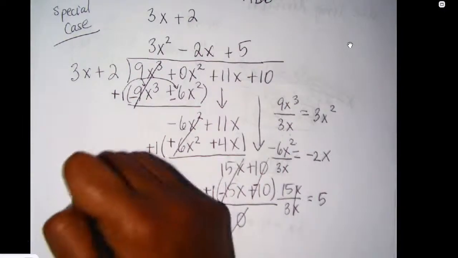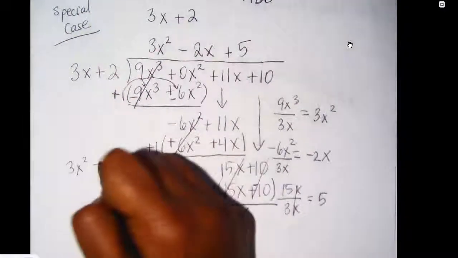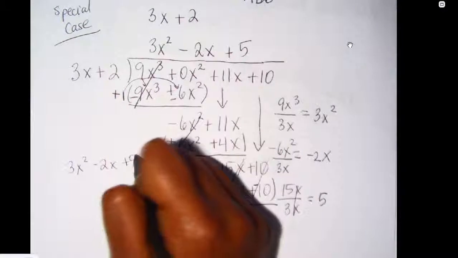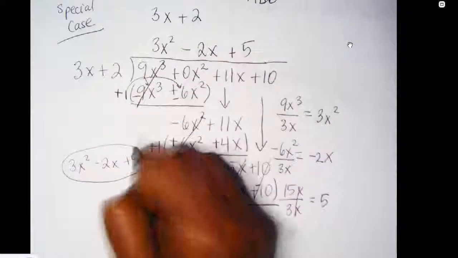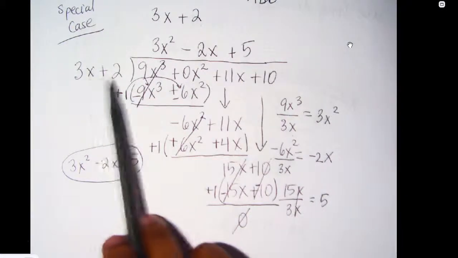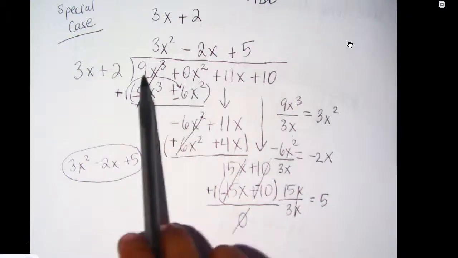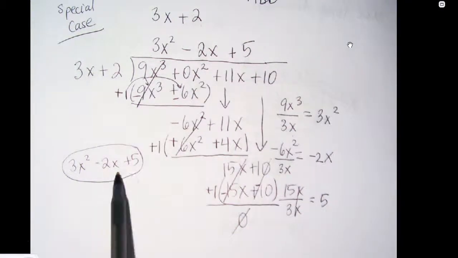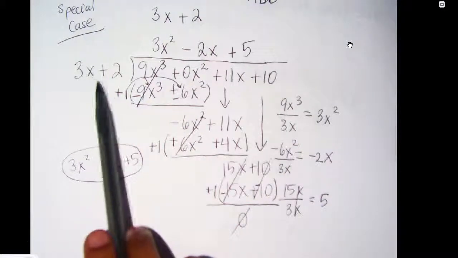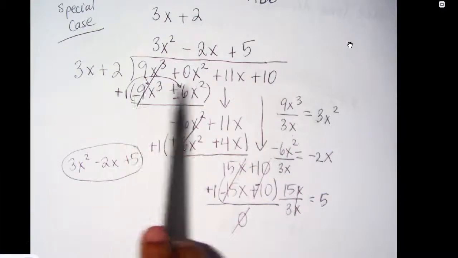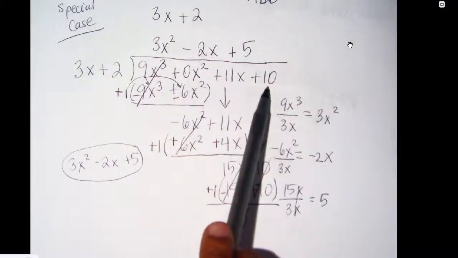So the answer is 3x squared minus 2x plus 5. That's the answer. That this 3x plus 2 divides into this expression this much. Now to double check, you can always take this trinomial, multiply it by this binomial, and then of course you'll get this answer, and that's when you know you did it right.